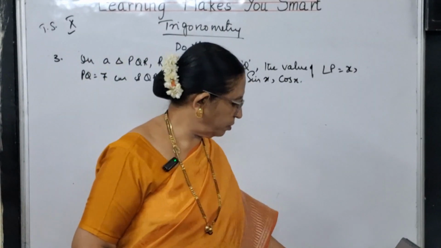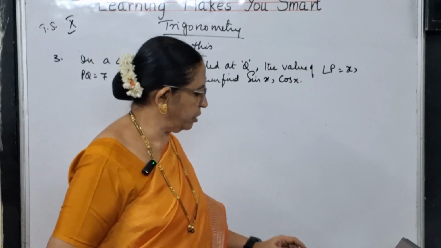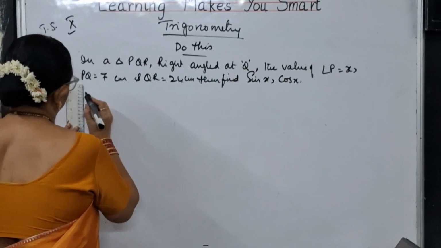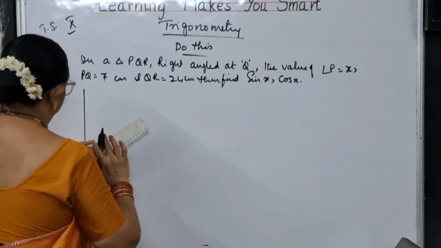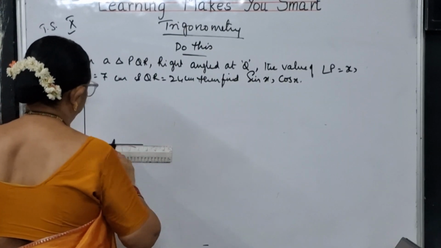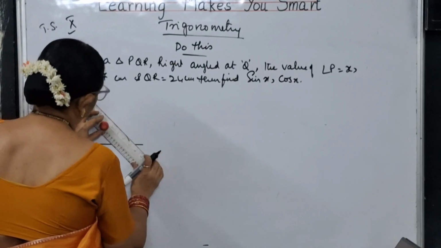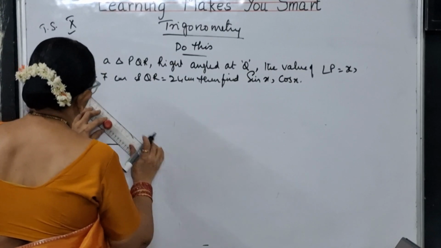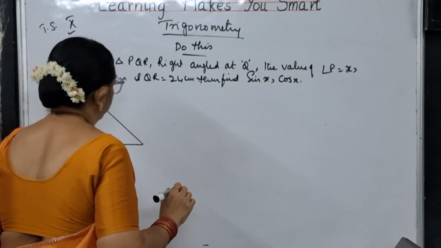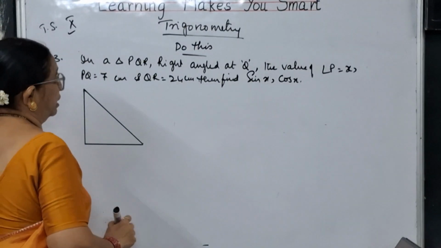Third problem, children. Now, in a triangle PQR, right angled at Q. So, let us draw a right angle triangle. They have not given a figure in your book, children. So, we need to draw the triangle PQR. So, in this, where should I keep the right angle?